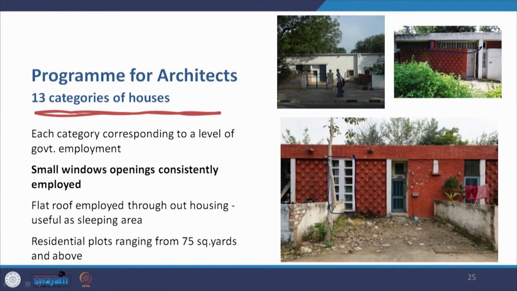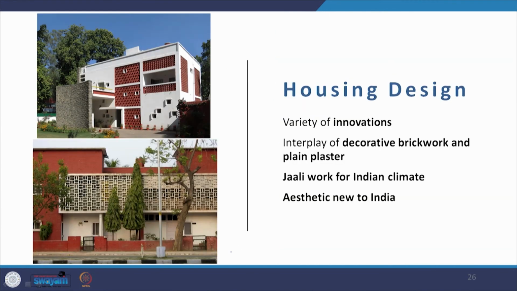Now the residential plots range from 75 square yards and above, and these are examples of housing design. This is Pierre Jeanneret's own house where he used to live, and there is this variety of innovations even in these buildings. There is decorative brickwork and plain plaster, there is the jali work for the Indian climate, and there is an aesthetic which is completely new to India.